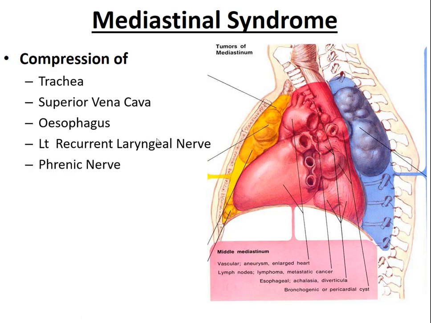If it is involving the phrenic nerve, that side of the diaphragm is paralyzed, so it leads to hemidiaphragmatic paralysis. If it is involving the corresponding intercostal nerve, it will cause radiating pain along that distribution, causing intercostal neuralgia. And ultimately, it can compress the vertebral column, causing erosion of that vertebra.